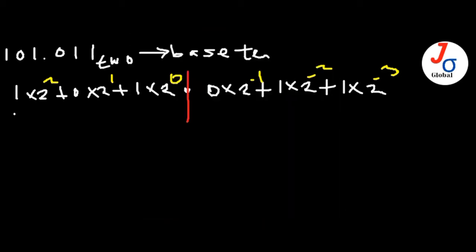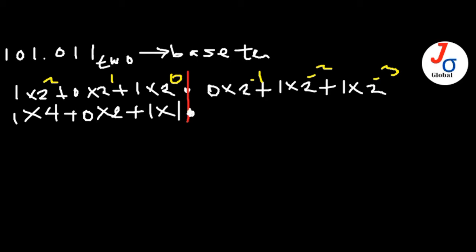So I have 1 multiplied by 2 to the power of 2, which is 4, plus 0 times 2 to the power of 1, which is 2, then plus 1 multiplied by 2 to the power of 0, which is 1. Then I have the decimal point.